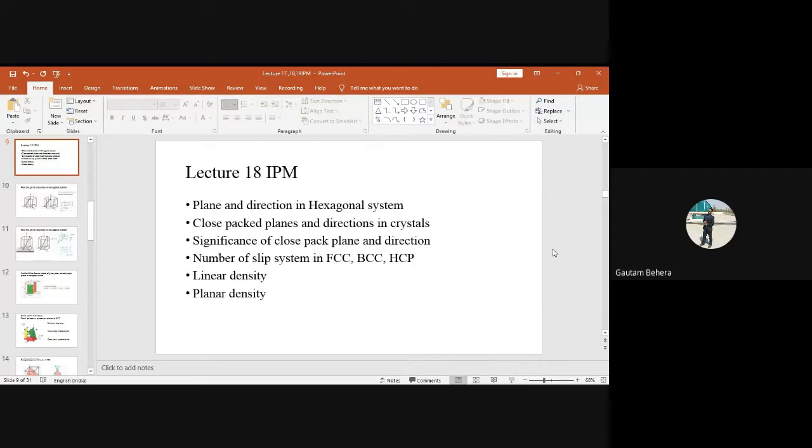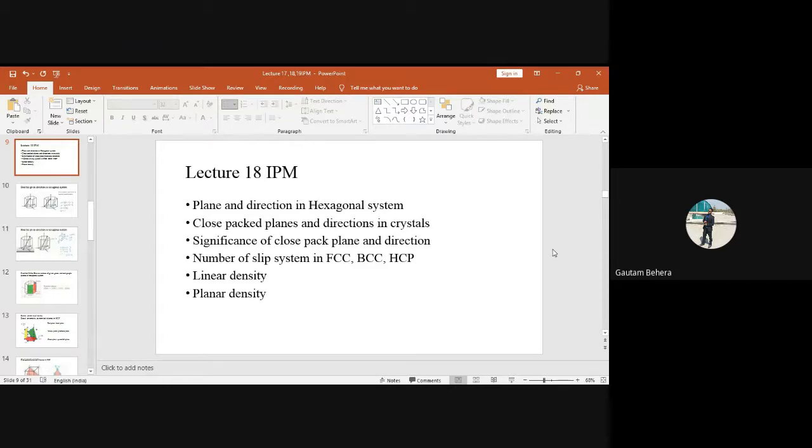So we have 4 coordinates. And we can also convert the 3-coordinate system to the 4-coordinate system. We have a formula, which is the best way to convert that.